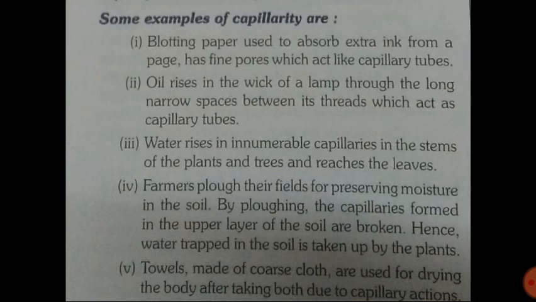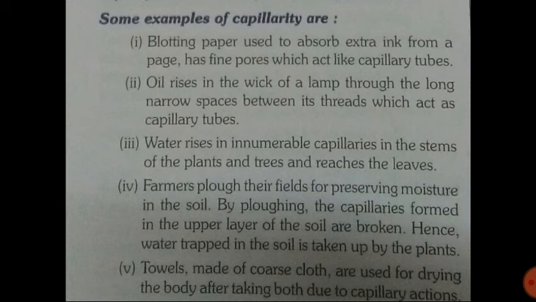One end of the wick is inside the oil, the other end is free, which we burn with a matchstick. And when we burn it once, it continuously keeps burning by absorbing the oil from the lamp. So this is also one example of capillarity, that the cotton wick has pores inside it.